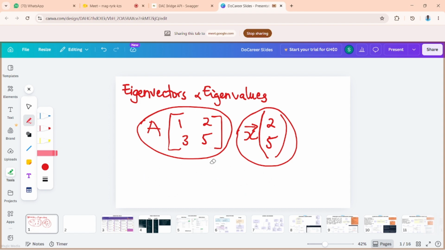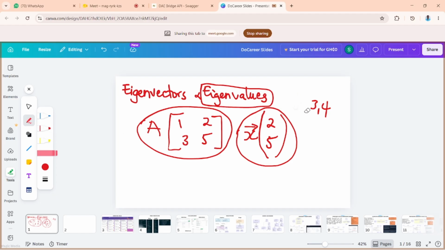For this example, like 1, 2, 3, 3, 5, eigenvalues are just one scalar number, like 1, 2, 3, 4. They are single values, just like how we found rank.